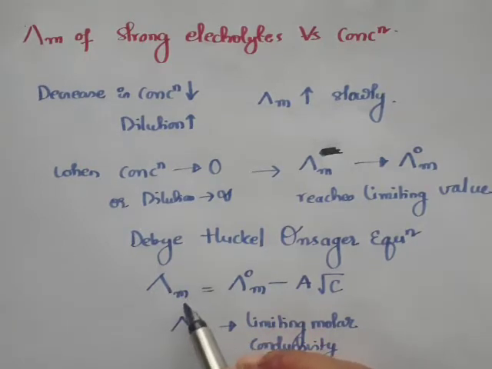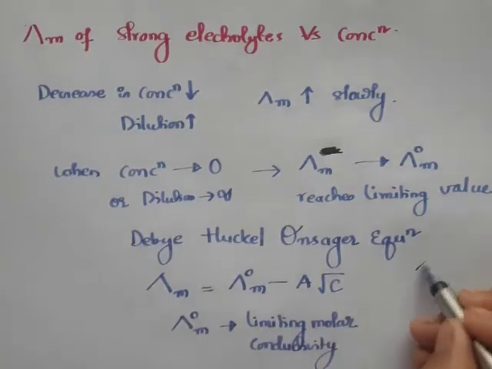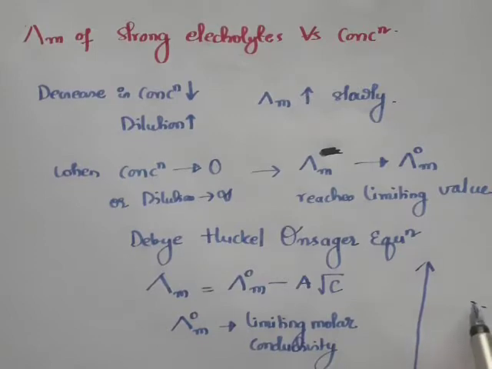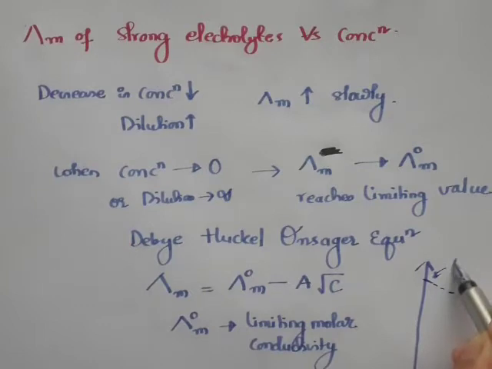Now if a graph is plotted for this equation between lambda m and root c, what type of graph do we get? With a decrease in concentration, the molar conductivity increases slowly, and when the concentration approaches 0, it reaches a certain limiting value, which is called lambda naught m or lambda infinity m.